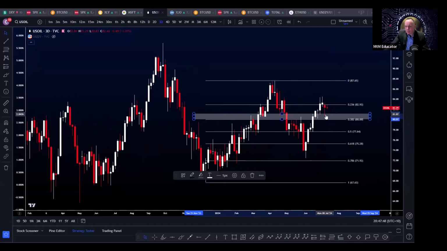We tested that last week and bounced back, got quite a strong buying reaction. This is where the buyers should step in. When we were down here, we discussed a few weeks ago that we were aiming to get to 84. It hit 84, got rejected, but then found buyers coming in again at 81. So we're keeping a close eye on what happens to oil.